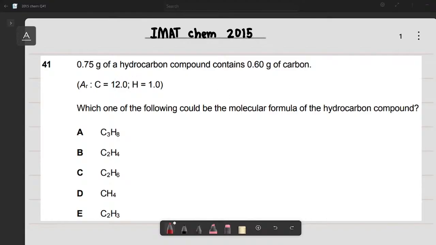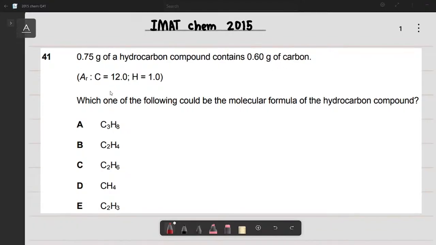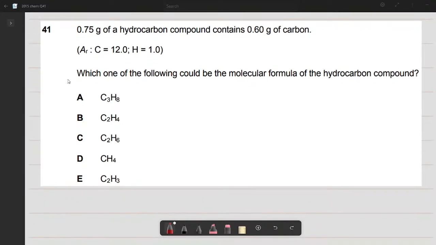So we're given the mass of hydrocarbon compound, and the mass of single element, which is carbon, and the atomic masses. So with this given data, the only way to find out the molecular formula is using the empirical formula method.